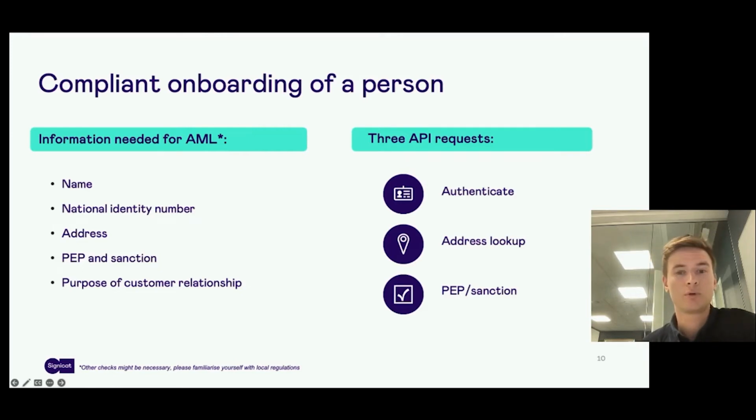Address lookup, we can typically get through a government registry, such as Folkeregisteret, and PEP and sanction status through a reliable party, for example, one that Signicat can provide. So this means that we have typically 3 API requests here: authentication, address lookup, and PEP and sanction search.